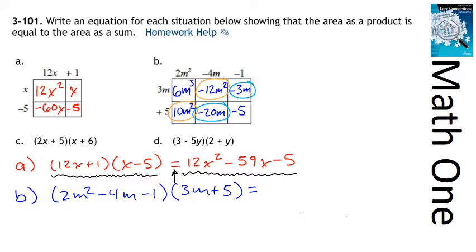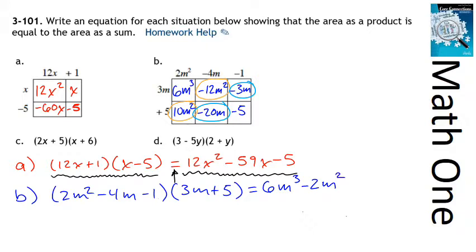So if I rewrite the sum of the parts, just looking at it, I have 6m cubed. And then, like I said, I'm going to combine 10m squared and negative 12m squared. And that will combine as negative 2m squared.